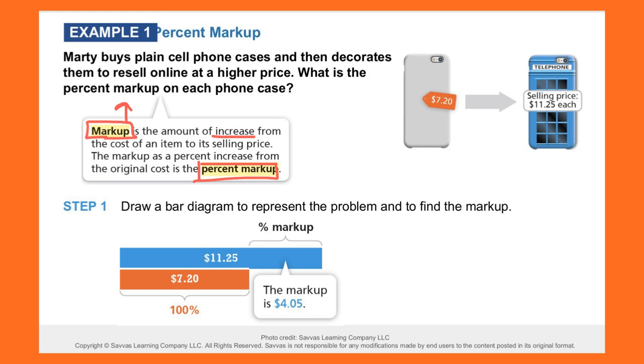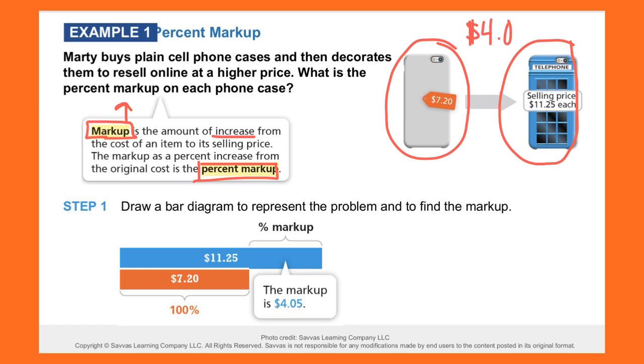So we have Marty here, and Marty's original cell phone cases cost $7.20. Marty's not going to sell them for $7.20. Marty's going to decorate them and turn around and sell them for $11.25, which is a difference of $4.05. So we want to change that number into a %. If you look at step number 1, we have a bar diagram.